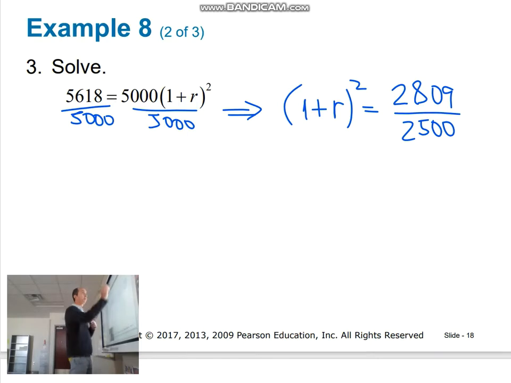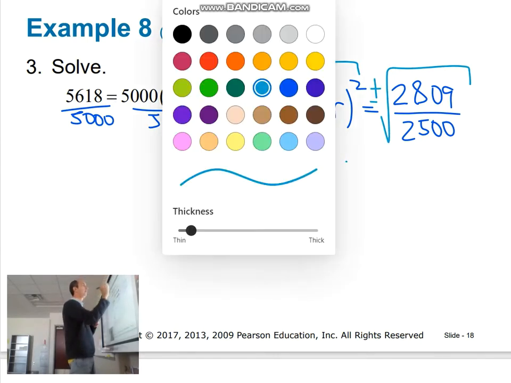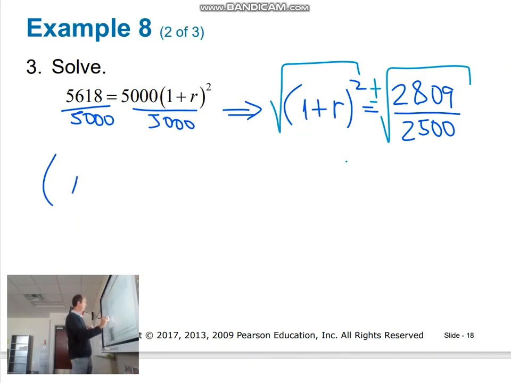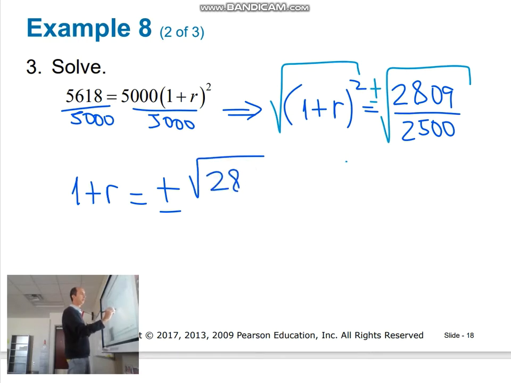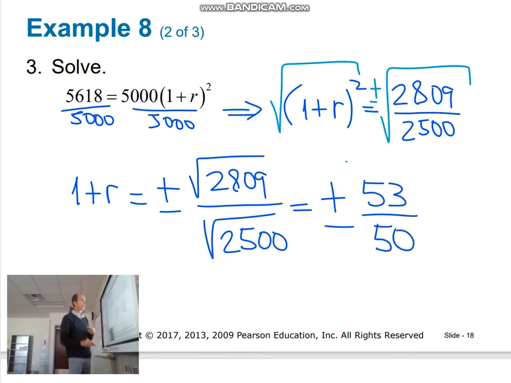Apply the square root property that we just learned. Apply the square root on both sides. Remember that this can be negative or positive. So 1 plus r equals positive or negative square root of 2,809 over square root of 2,500. And this is positive or negative 53 over 50. You can try on your calculator, check if this is right.